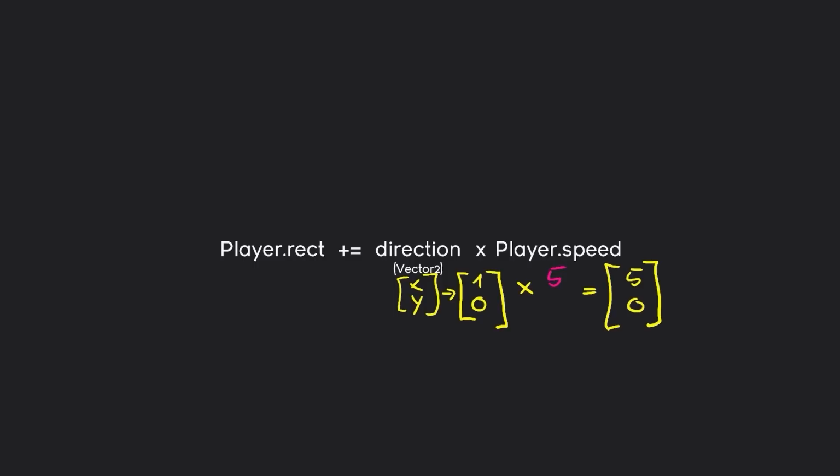And this would effectively mean that we want to move this player rectangle 5 pixels to the right. So for example, if the y part wasn't 0, it would be something like 10. Then I want to move this player rectangle down by 10 pixels. And you could basically add any kind of number in here. They would all move the rectangle in a certain position.